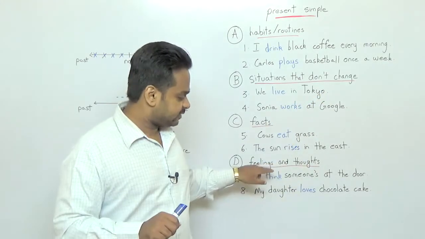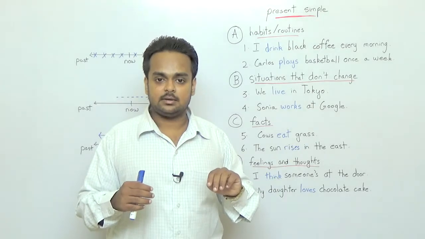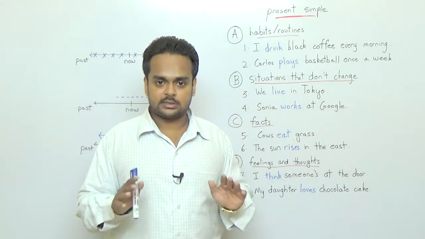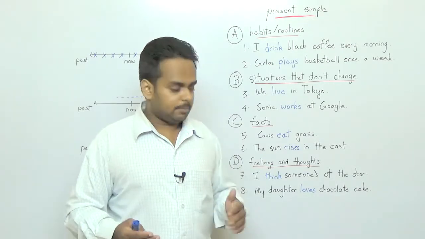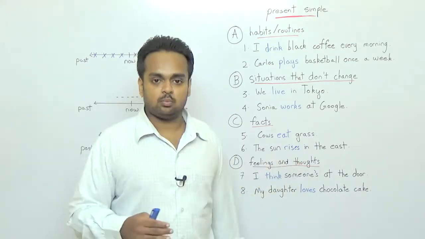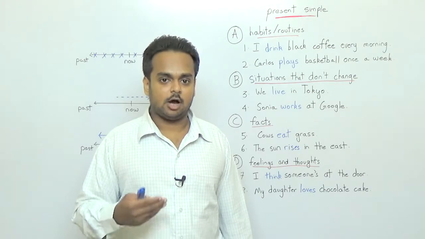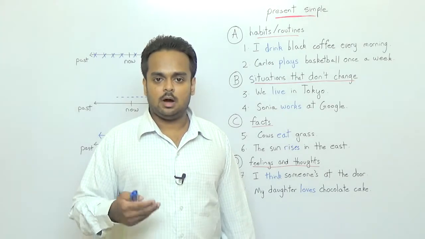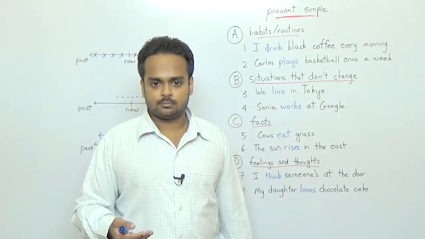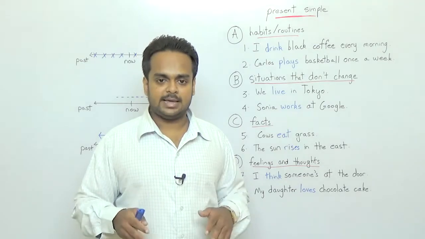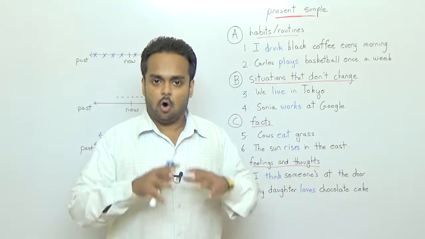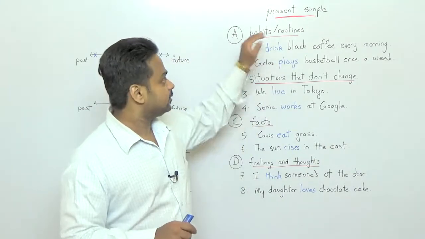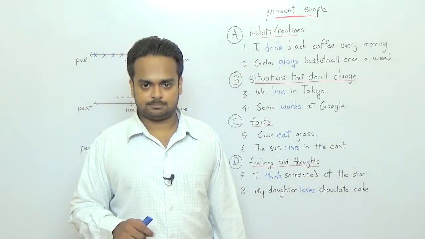Because the verb is think, and we use it in the base or the present tense form. There are other verbs about thoughts and feelings that we use in the present simple, like agree, disagree, understand, know. And feeling verbs like love, hate, prefer, want, etc. For all of these, we use the present simple tense.